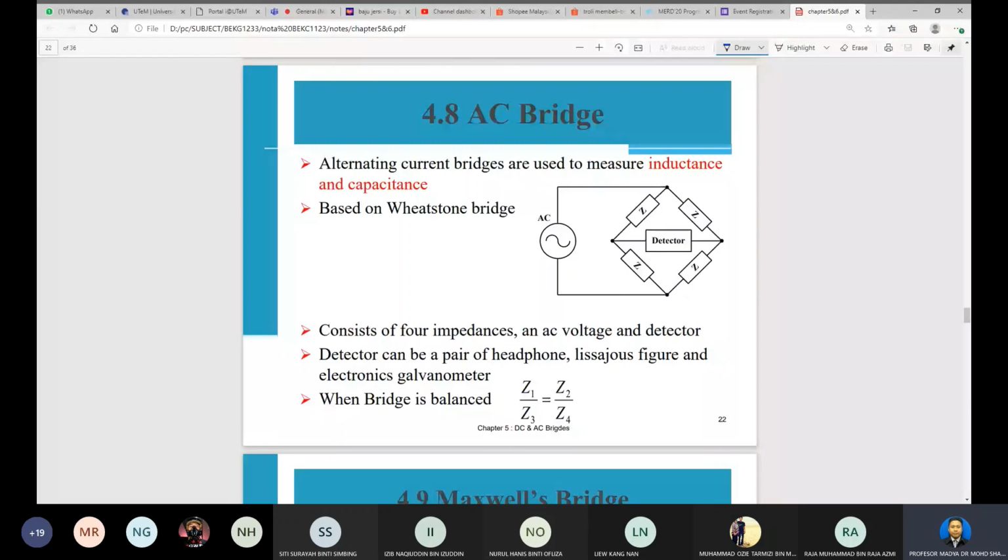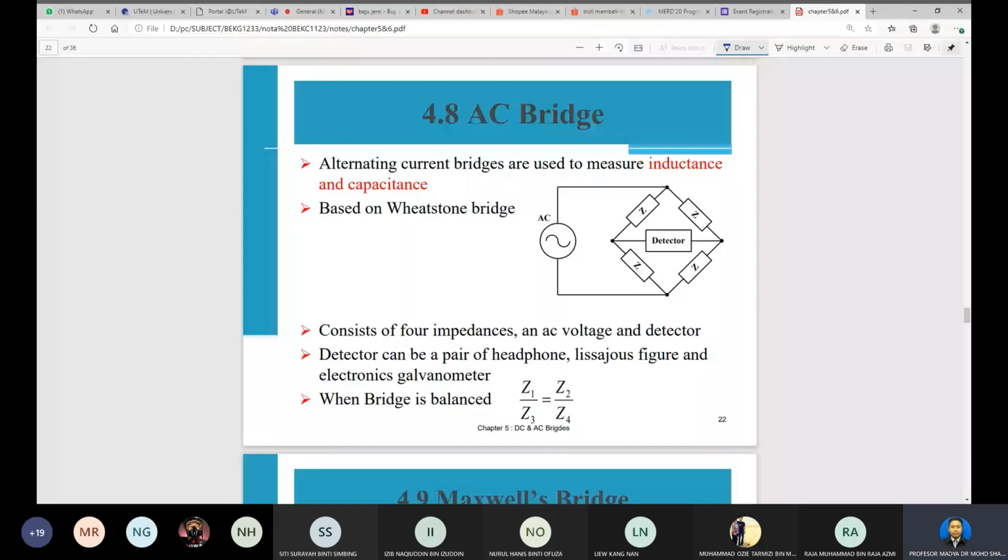For AC, you can see on the figure here, they use the impedance. The impedance consists of resistor and inductance or capacitance. For example, DC uses R, and for AC they use Z, which is the impedance.